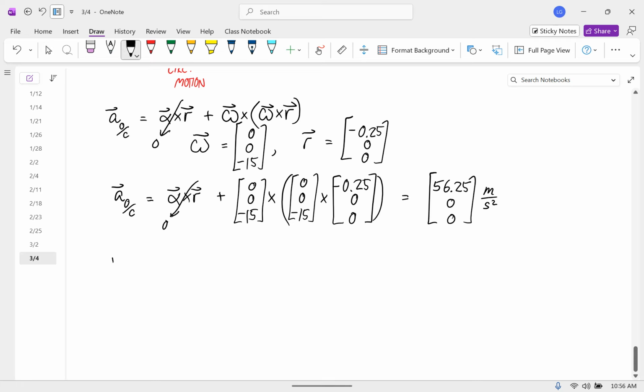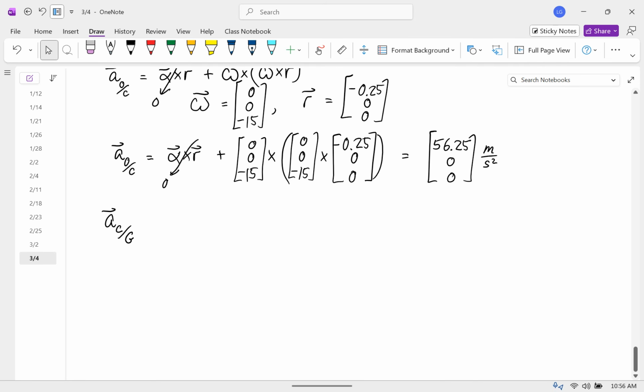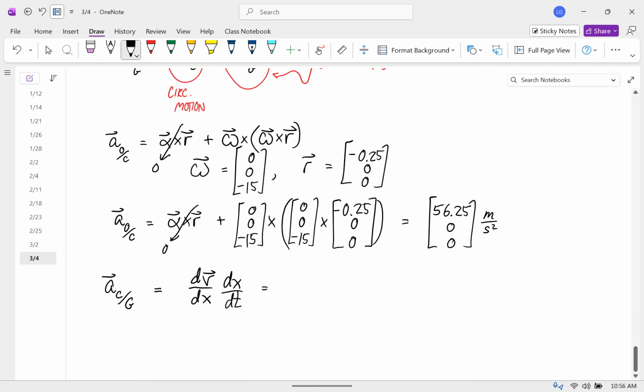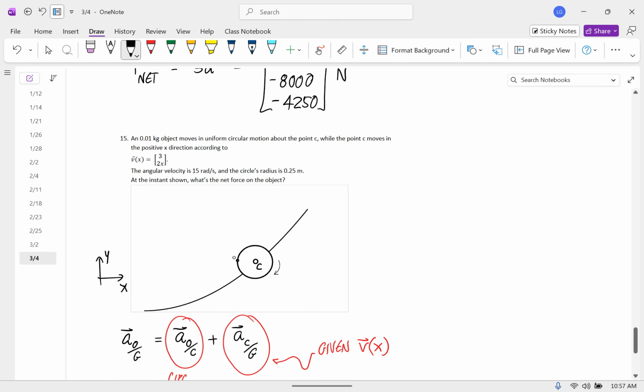So now we have to calculate the acceleration of C relative to the ground for the relative motion. And we know that this is equal to the derivative of the velocity vector with respect to x times dx dt. dv dx is 0, 2. dx dt is the x component of the velocity vector there, 3.